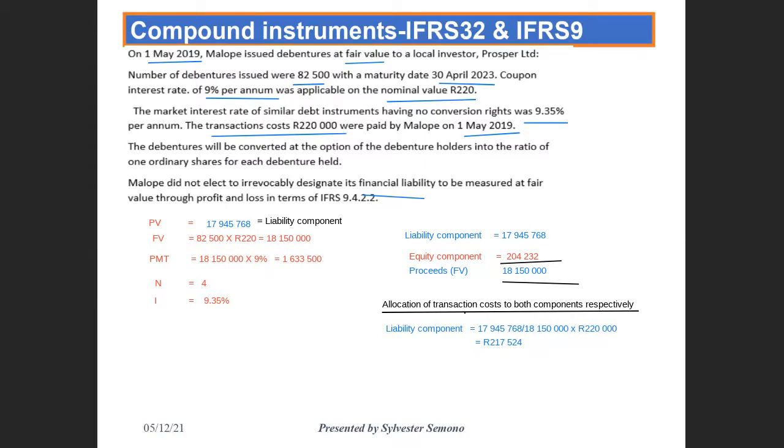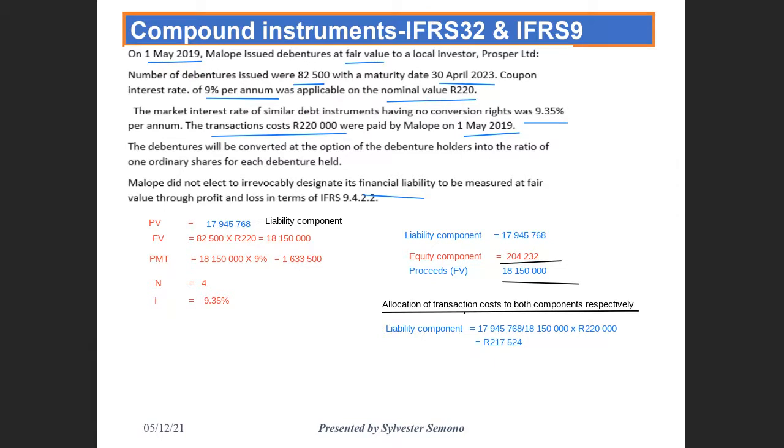To equity. But again, if you want to use the same method, for equity it is going to be 204,232, you divide by 18,150,000 and you multiply by 220. But the easiest way is to just find the difference. The remainder will belong to the equity component.